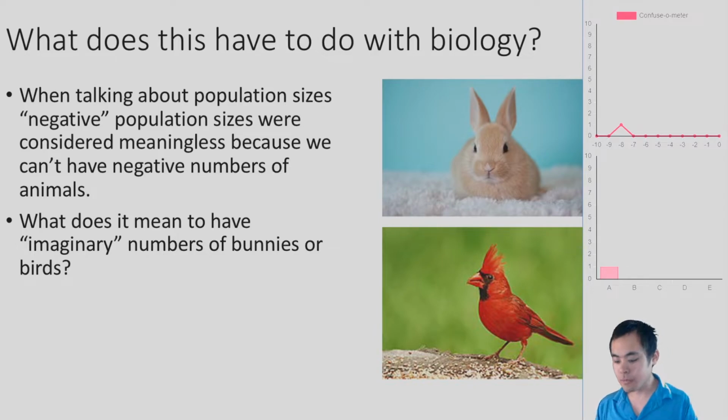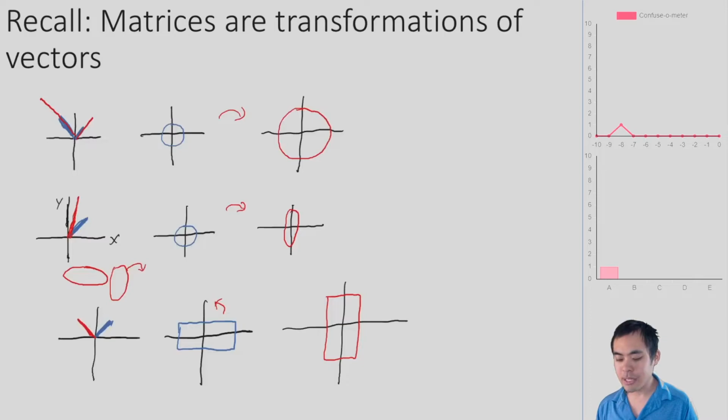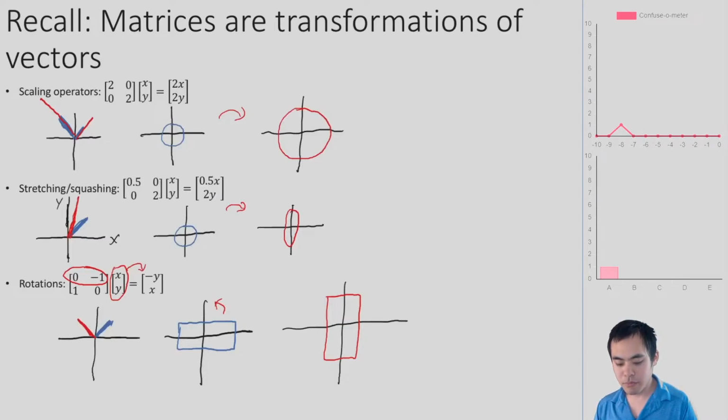So remember, we had this entire linear algebra section, where matrices are transformations of vectors, right? So some matrices scale the vectors, some of them stretch and squash them, other ones rotate the vectors, remember?